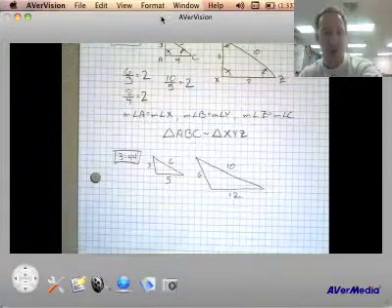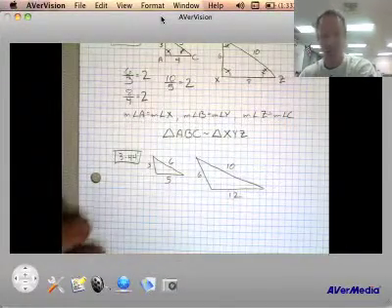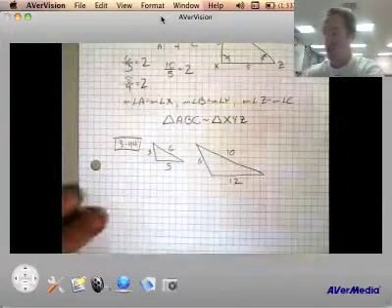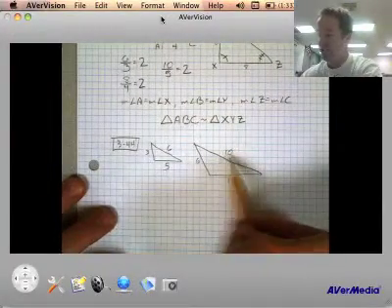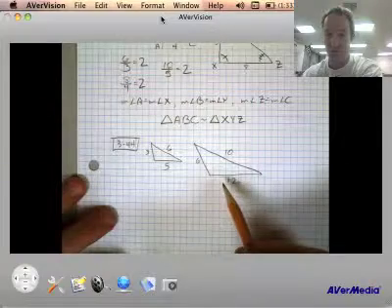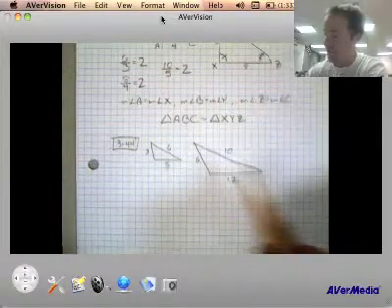So really the question is, are those similar? And we just saw that if these sides give you the same ratio, then they are similar. So let's check those ratios.